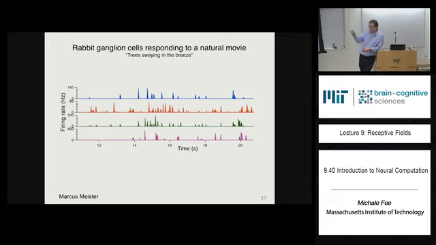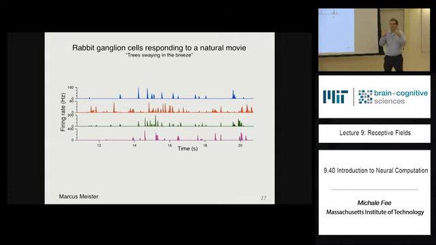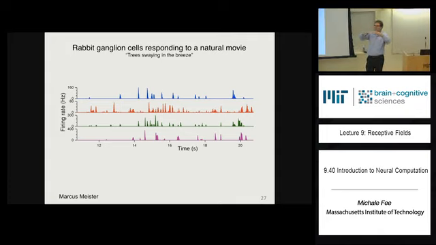And that's because each neuron has a receptive field that's in a slightly different location, has a slightly different spatial and temporal receptive field that allows it to pick out different features of the visual stimulus. Okay? And there are about 1 million of these neurons that project from the back of the retina.